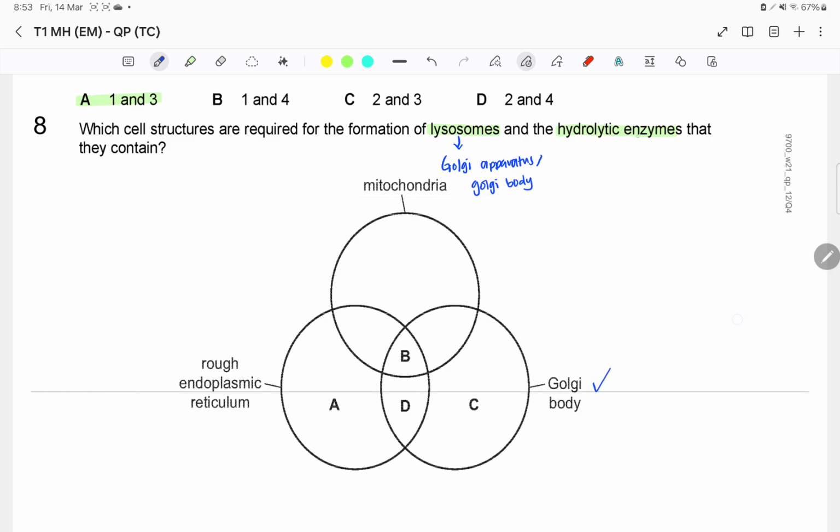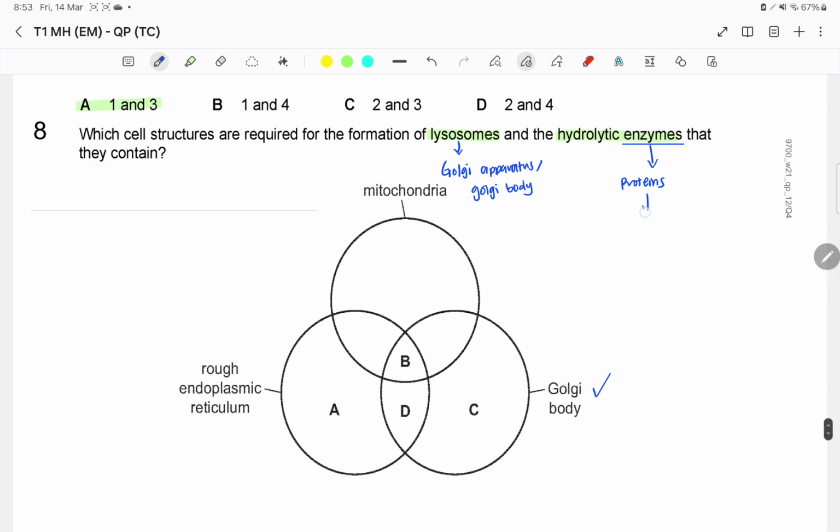Now, hydrolytic enzymes that lysosomes contain, enzymes, they are proteins. And where are proteins made or synthesized? It is synthesized in the ribosomes. Where are ribosomes found? They are attached on the rough endoplasmic reticulum, so we do need the rough endoplasmic reticulum.